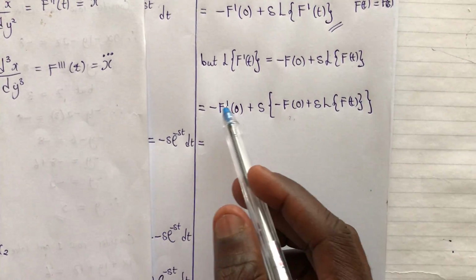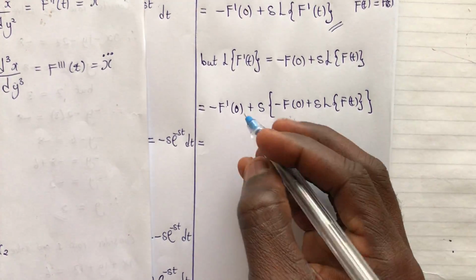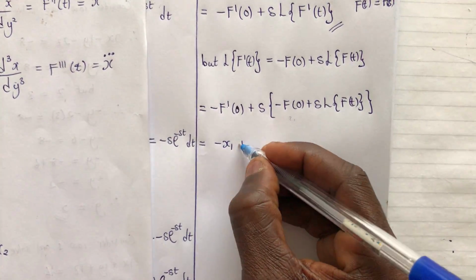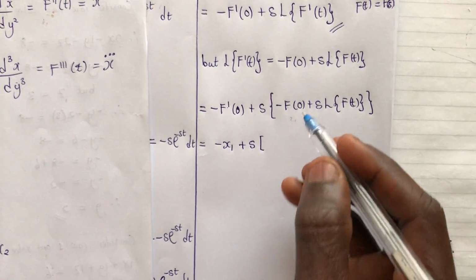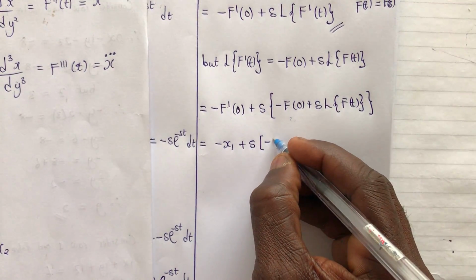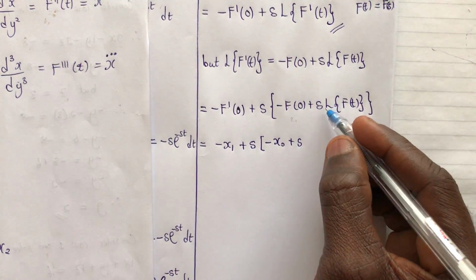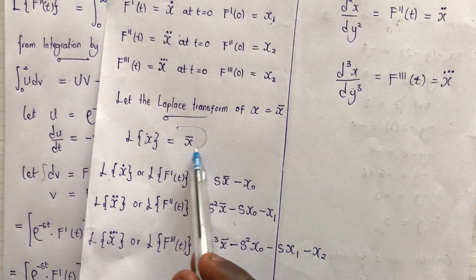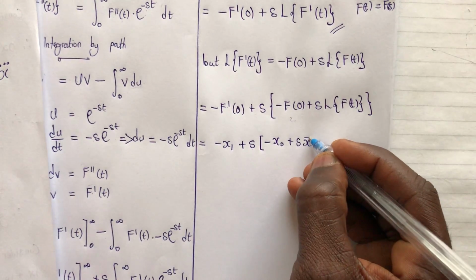Okay. So now, if we want to deduce this, it becomes very simple for us. f1 of 0 is the same as what? x1. This is negative. Plus, we have our s into bracket. We have f0, which is the same as what? x0. So we have minus x0 plus s. Now, Laplace transform of f of t from that video we learned is the same as x bar. So this is what? X bar.